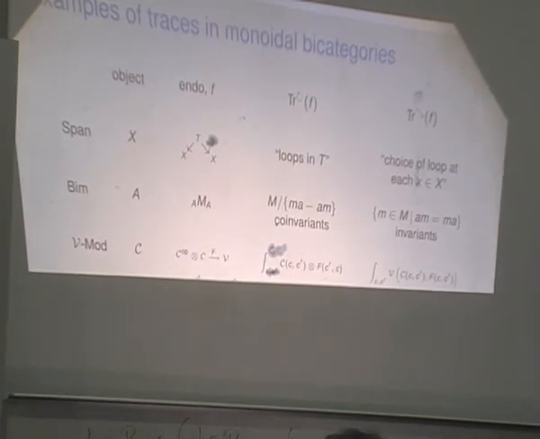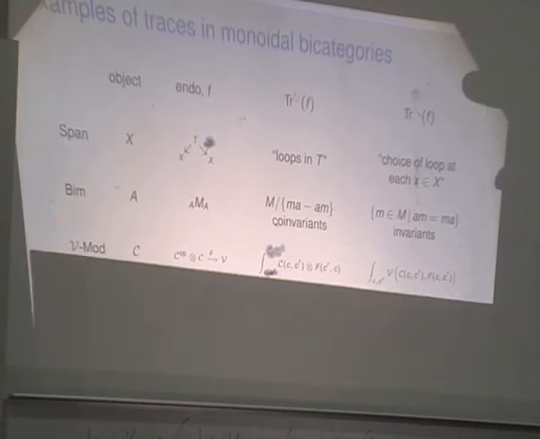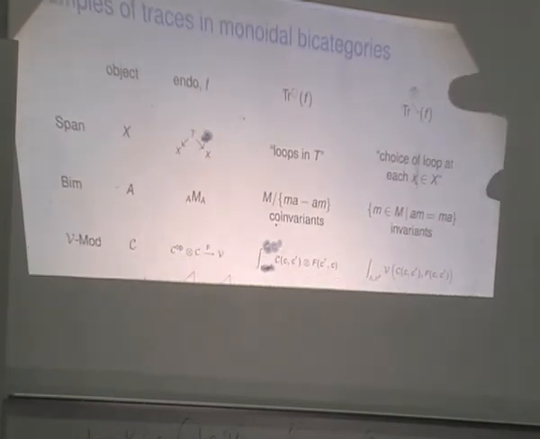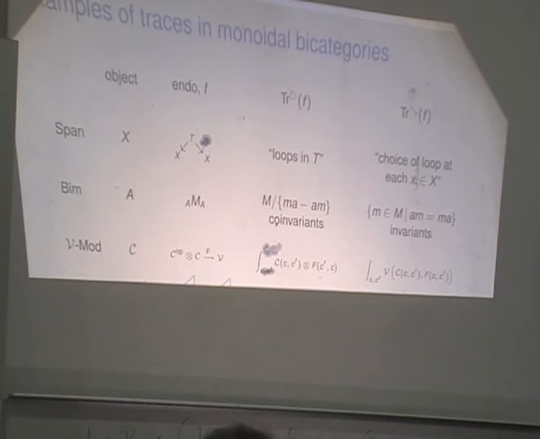I just realised that this can be simplified rather. If we're in the enriched picture, then the round trace can just be written as this. Oh, is that an end or a co-end? That's a co-end, thank you.